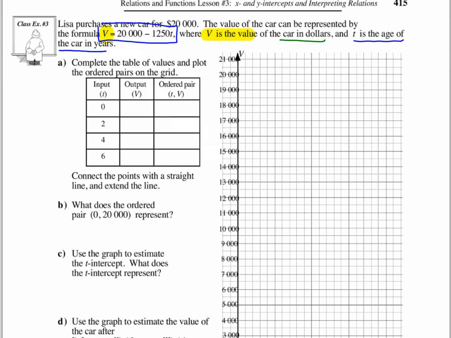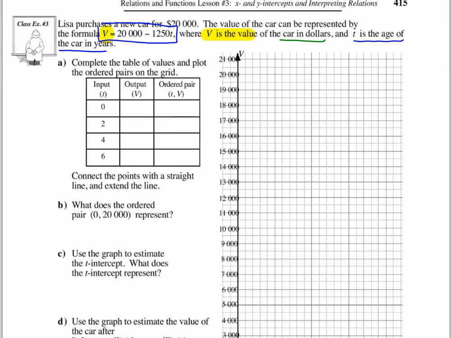Now, the first thing they want me to do is complete the table of values and plot the ordered pairs. So why did they choose t as the input? Because the amount of time it takes for the car to age, how old it is, will determine how much it's worth. So your input is time. Your independent variable is always time, right?